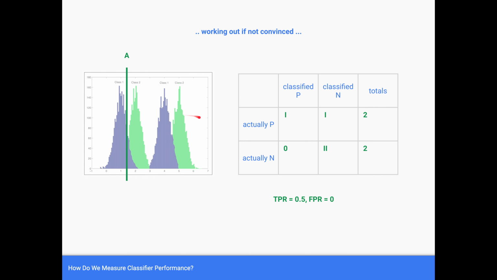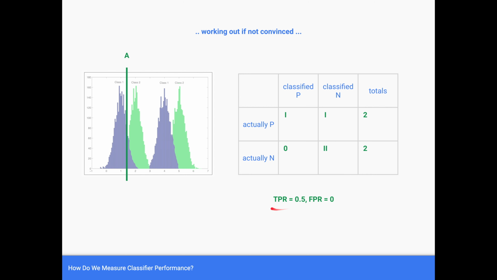Now with this classifier, we've got 1 right and 1 wrong, because this class 1 to the left is right, but this class 1 to the right of the threshold shouldn't be there. It's being classified as negative. Similarly with the negatives, they're all class 2s, they're all to the right. So we end up with these numbers. These are count marks, not 11, that's 2.